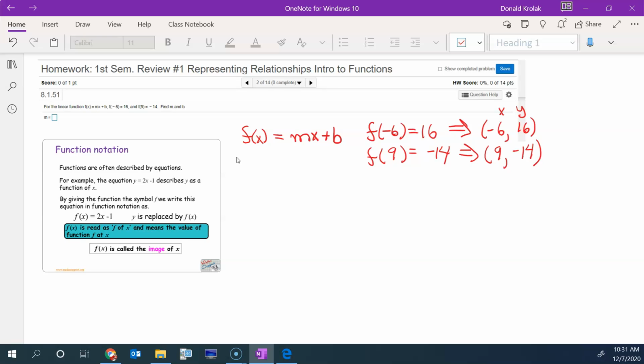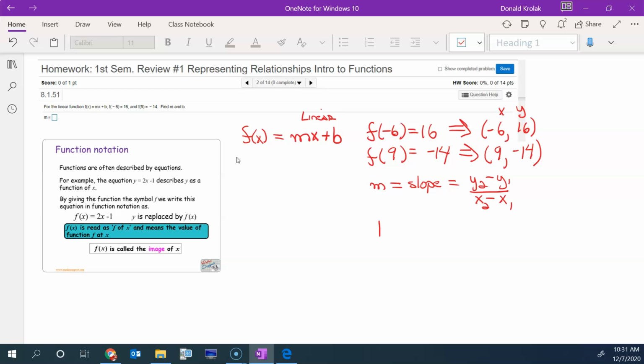Now this is the equation. This is a linear equation here. And m is the slope. So our slope equation is y2 minus y1 over x2 minus x1.